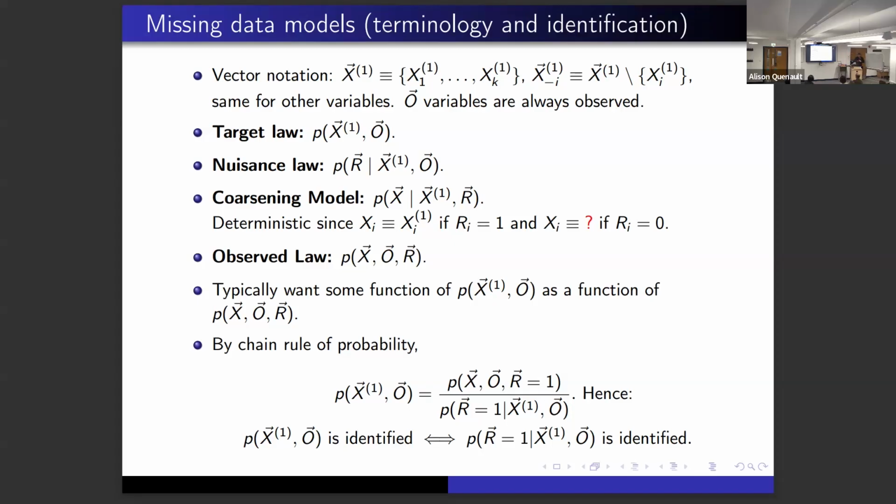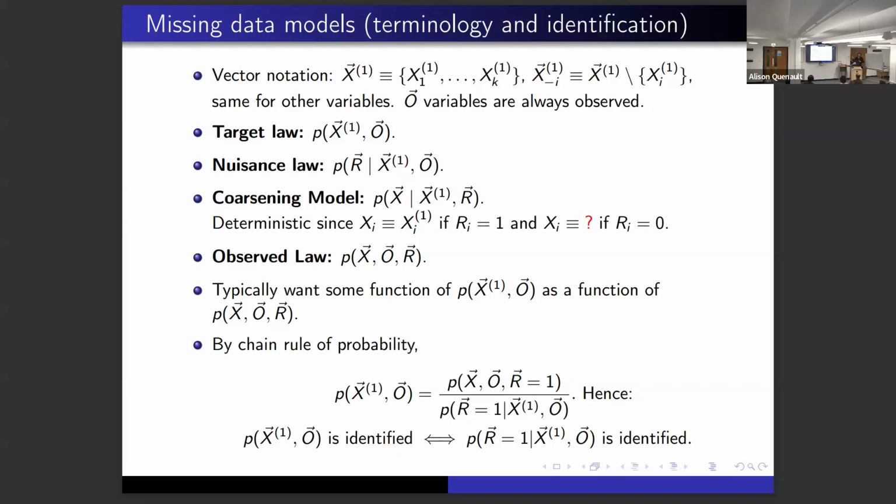And so if we want the target law, then by chain rule, we could represent the target law as this ratio over there. The numerator in this ratio is observed data by consistency, because we're evaluating the numerator at all the R's happen to be 1. And the denominator of this ratio is the missing data version of the propensity score. And that might not be identified because it depends on things that are potentially missing.